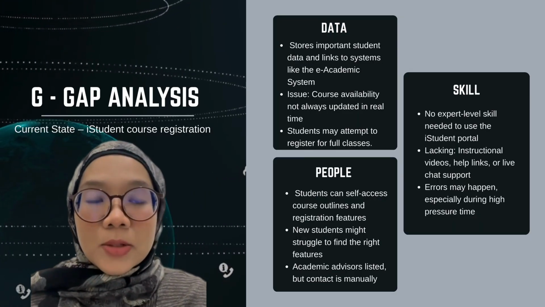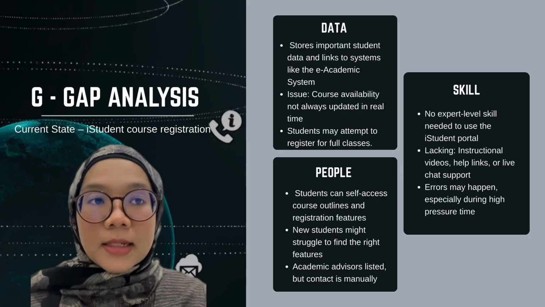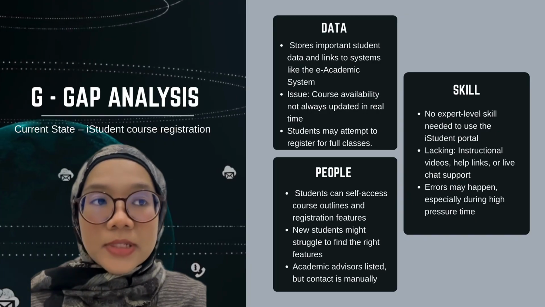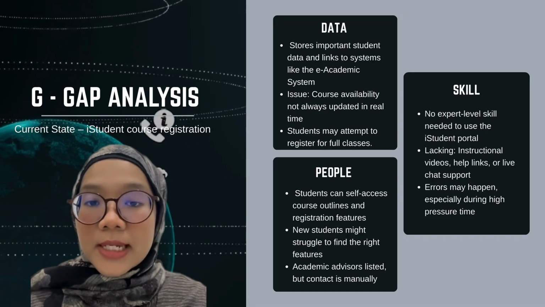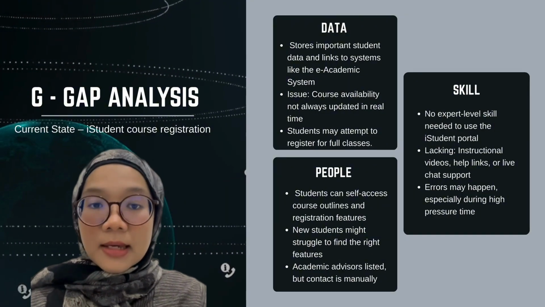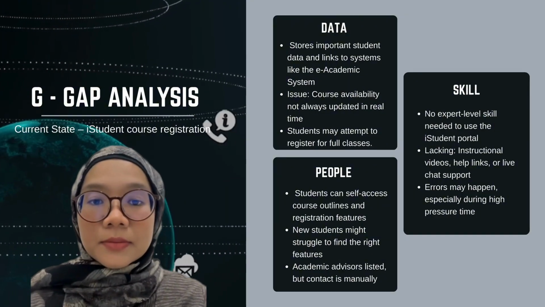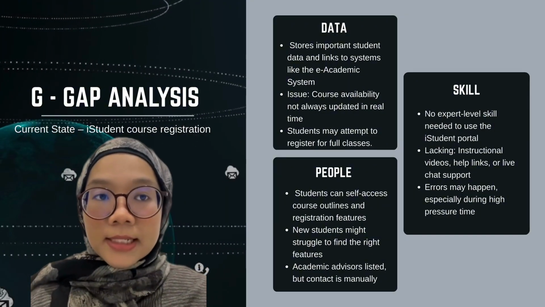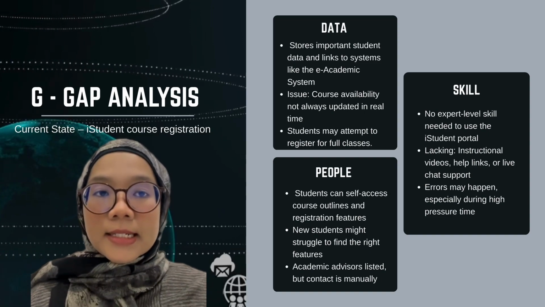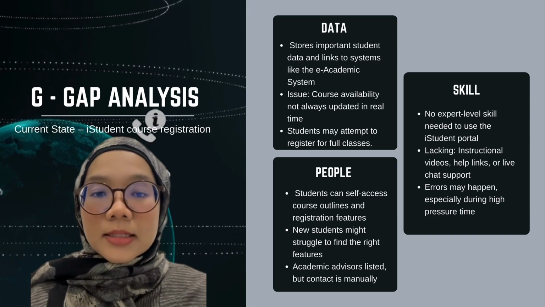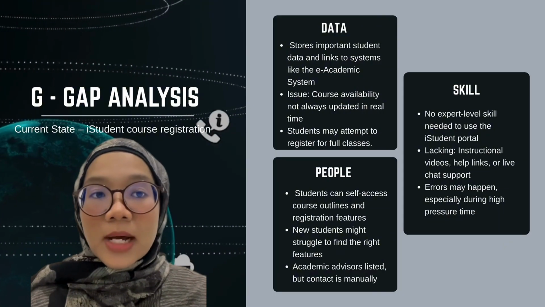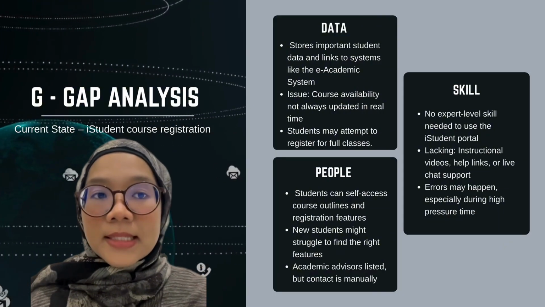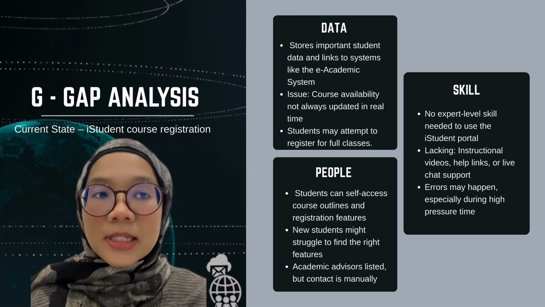Now, let's look at the gap analysis for the current iStudent course registration system. This analysis is divided into 3 key areas: data, people, and skill. First, under the data category, the system does store important student information and is linked to other academic systems such as the e-academic portal.